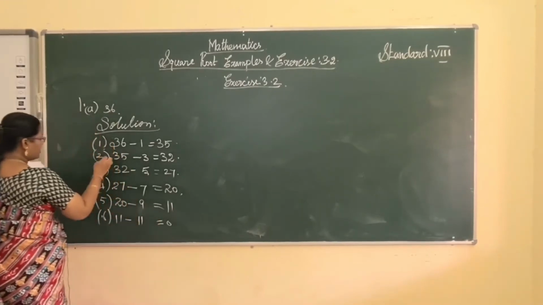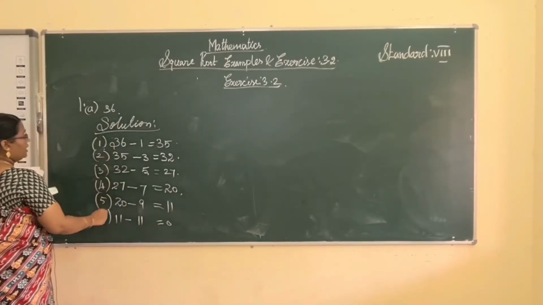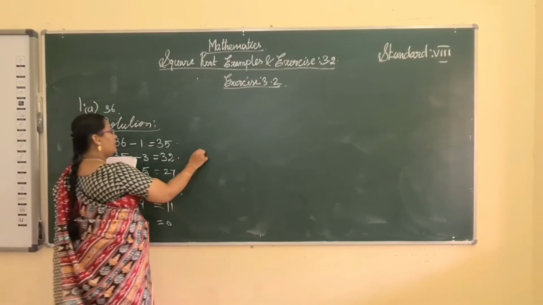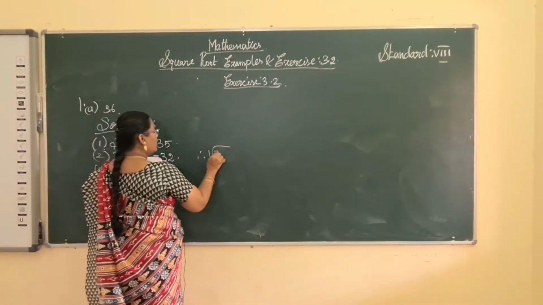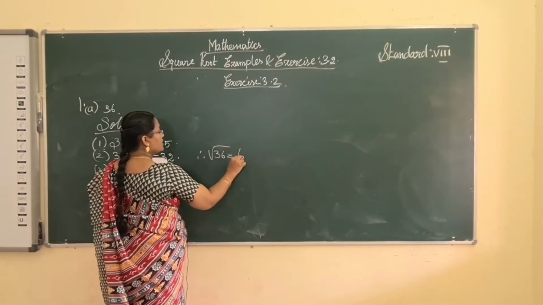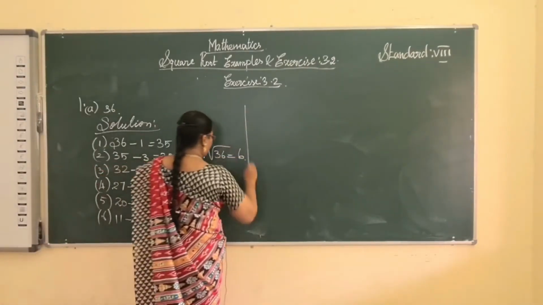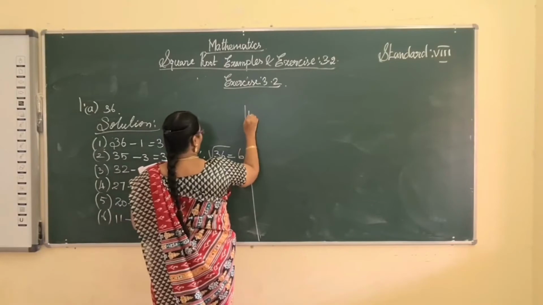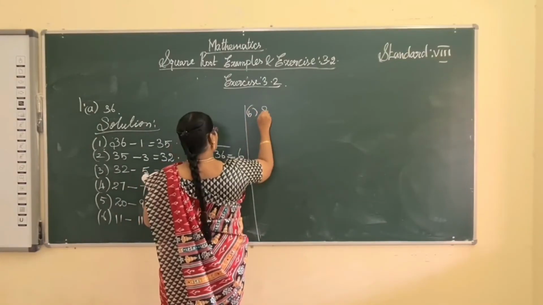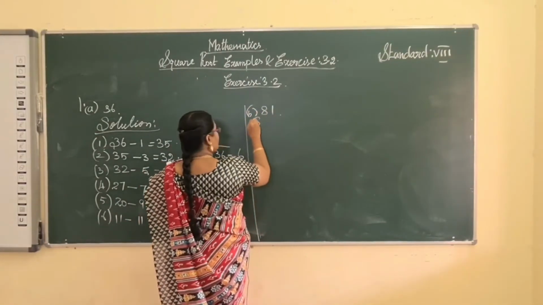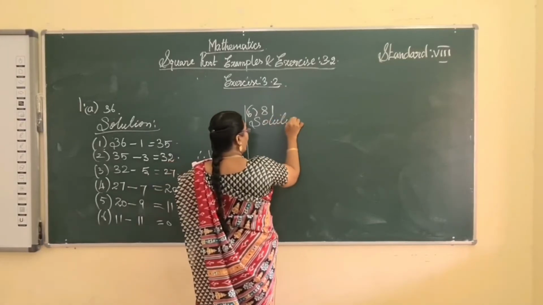So how many times? 1 2 3 4 5 6. Thus the square root of 36 is equal to 6. That's all. See the next one, B problem. 81 is given. So successive subtraction of 81.